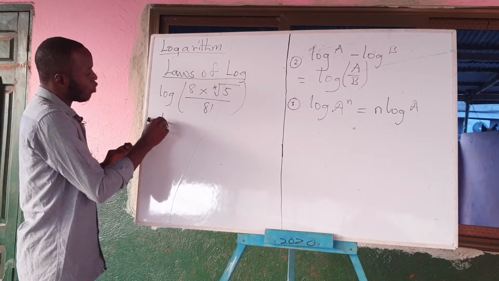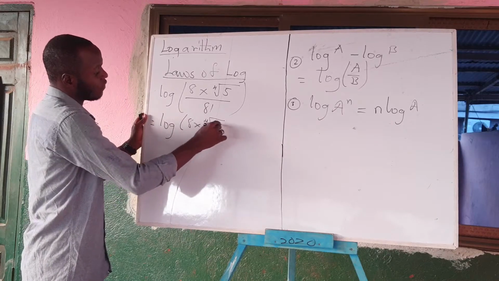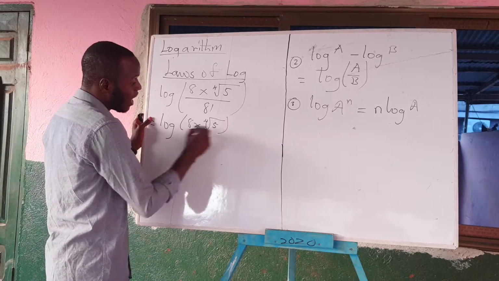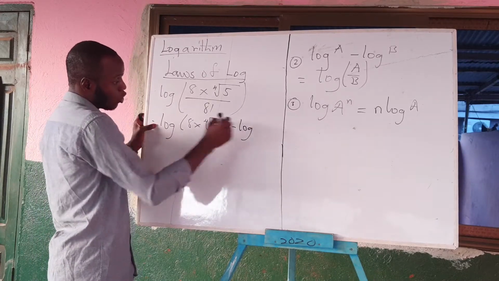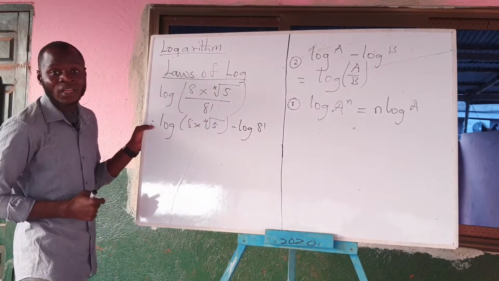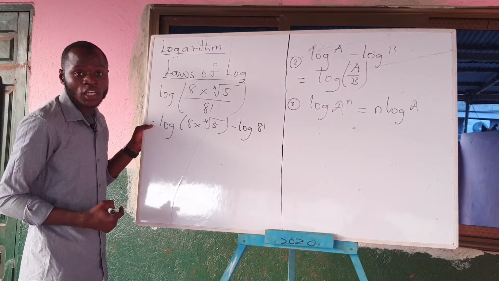So if we have log of 8 times the 4th root of 5, since this one is dividing, it means that we have another log which is subtracting this particular log, which is log 81. That is why we have 81 dividing the expression in the bracket.